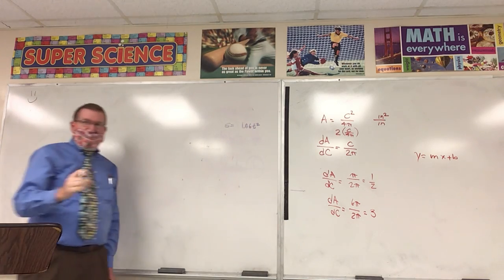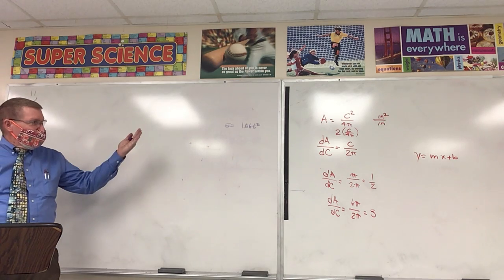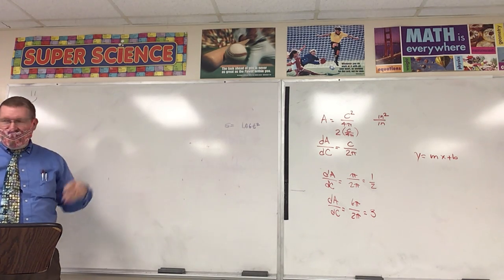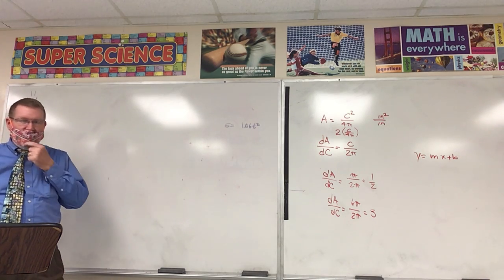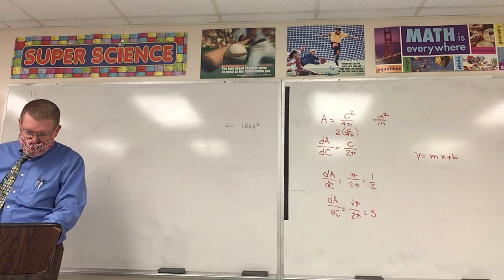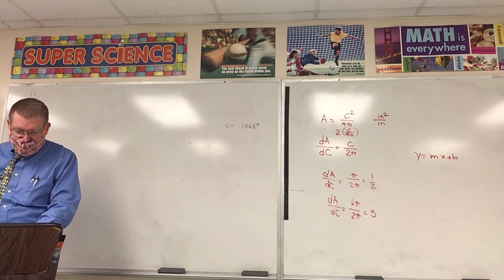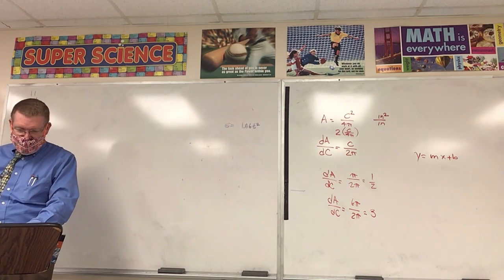So if something's falling on Mars, I can find out my position according to the time. If at 1 second, where am I at? 1.86 meters. At 2 seconds, where am I at? 1.86 times 4, and so on. They're asking us, how long would it take the falling rock to reach a velocity of 16.6 meters per second?